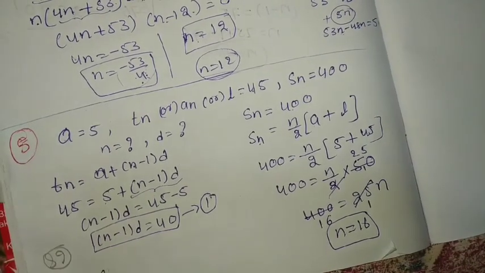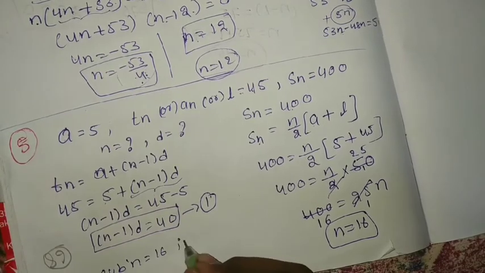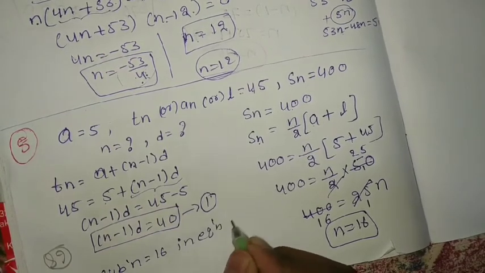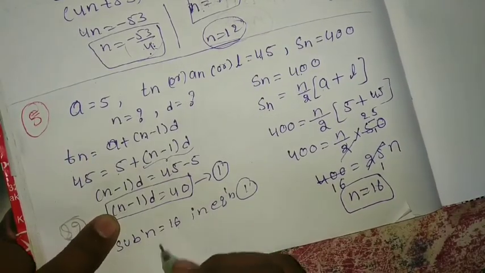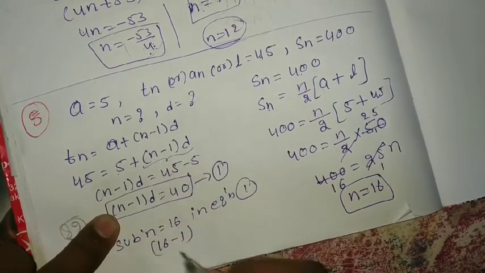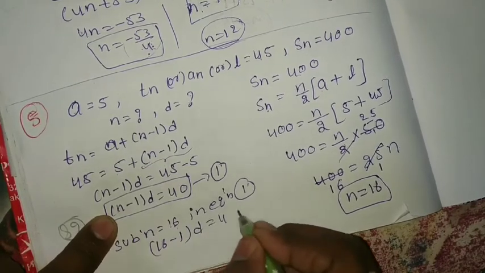Now substitute n is equal to 16 in equation 1. What is n here? n is 16. 16 minus 1 into d is equal to 40.